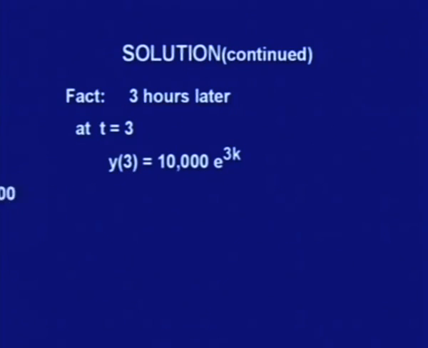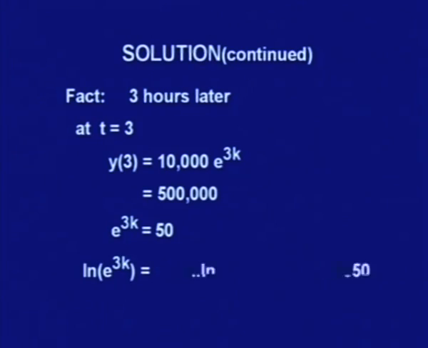It is given that the number of cells at that time is 5 lakh, so if I equate these two, I get e to the power 3k equal to 50. Now, we can solve this to find the value of k. How will we solve it? We will just take the natural logarithm on both sides.